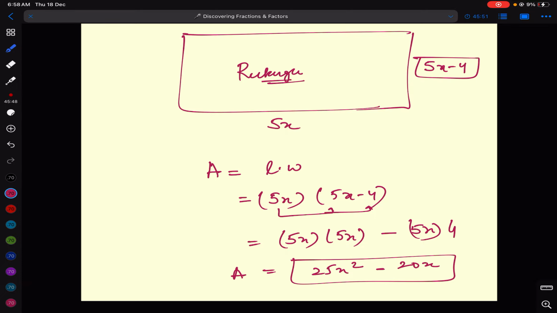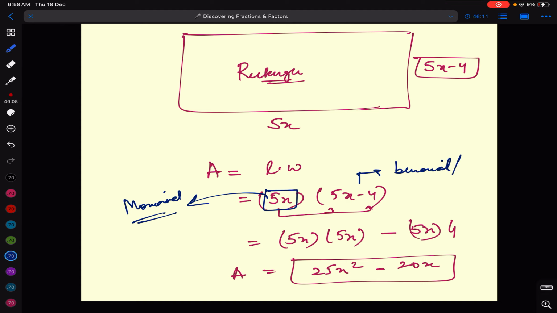Now here you see that we have multiplied 2 terms. What is 5x here? This is a monomial, right? What is this? In a specific case you can take it as a binomial, or you can also take it as a polynomial, correct?